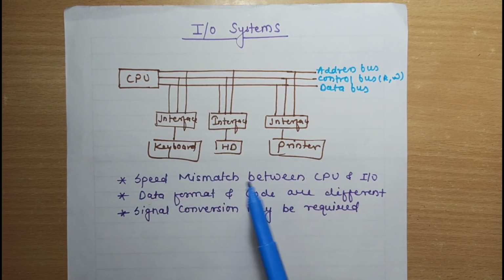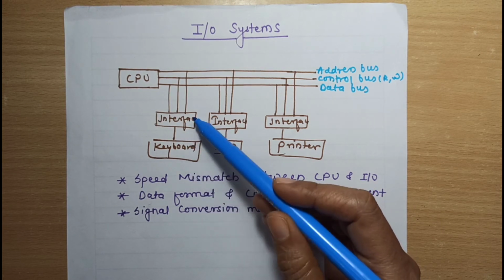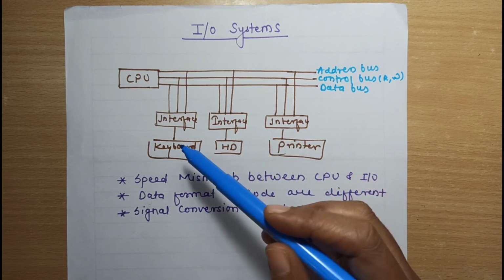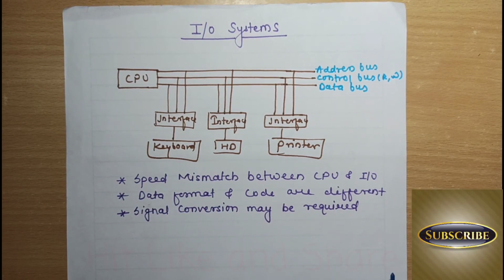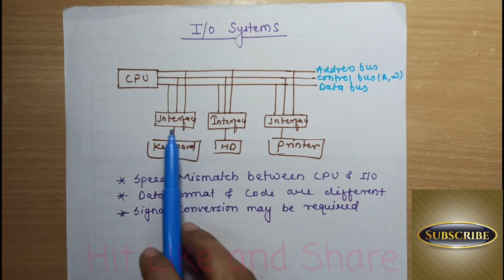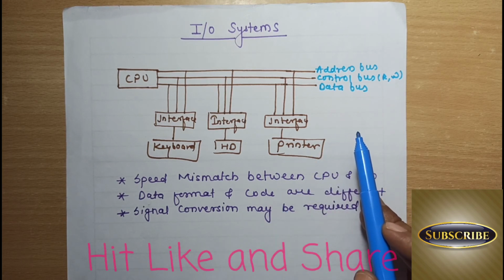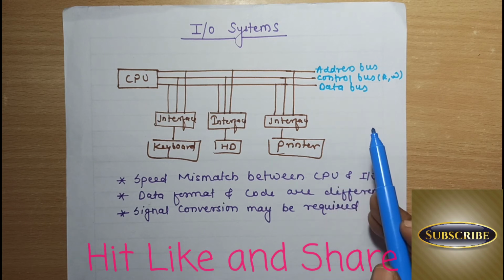But as you can see, these input output devices are connected with one interface. Every device is connected with the interface. Why is it so? Here I have written 3 points. These 3 points denote why we need this interface between CPU and different peripheral devices. As you all know, the speed of the CPU is very high. It may execute 1 million instructions in a second. Whereas the speed of different IO devices is different.